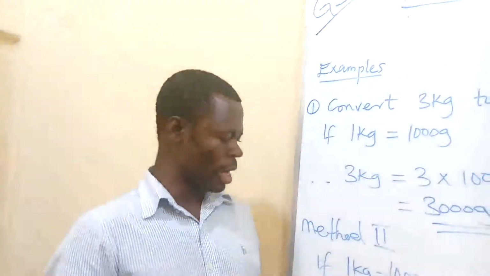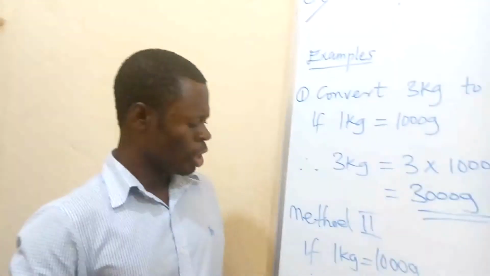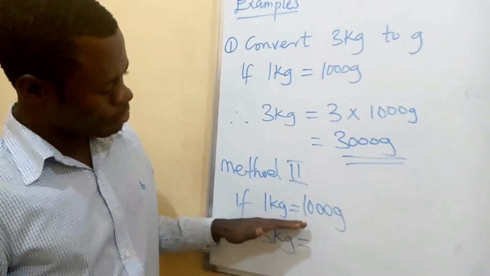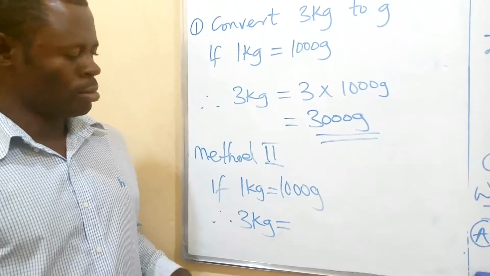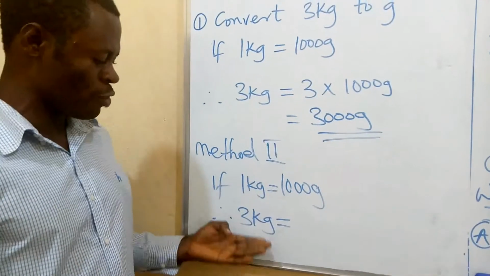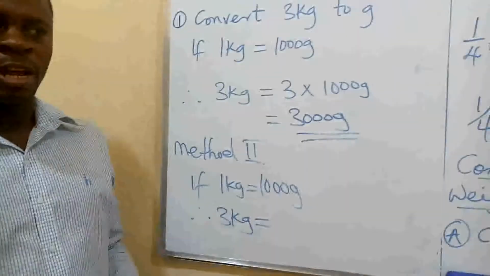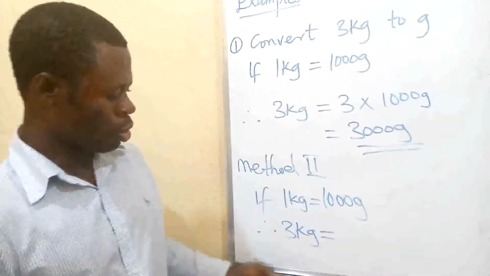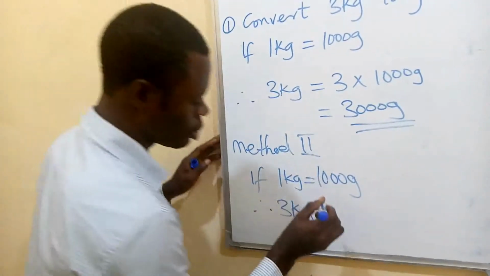Since we know that 1 kilogram is equal to 1,000 grams, from this very point you can easily break 3 kilograms down. If you break this into 1 kilogram, it would be easier for you. So when you break this into 1 kilogram, how many 1 kilograms are you going to have?